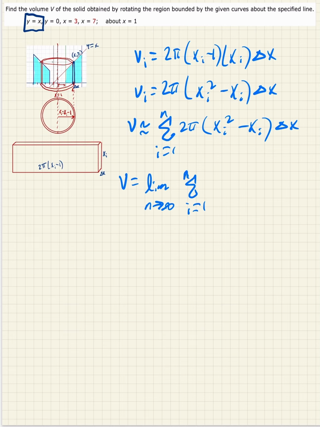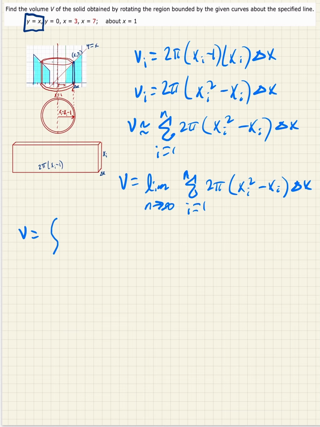But that would be an integral, so the volume could be expressed exactly as the integral.